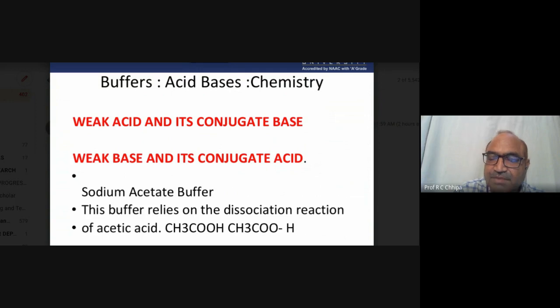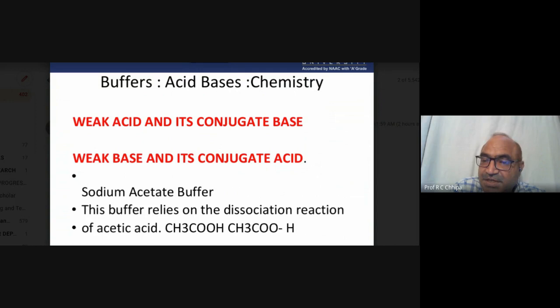Sulfuric acid is strong and hydrochloric acid is strong because of the dissociation of that particular compound, hydrogen positive and chlorine negative. In the case of acetic acid, this is the weak one. So the weak acid is acetic acid and its conjugate base is the acetate.